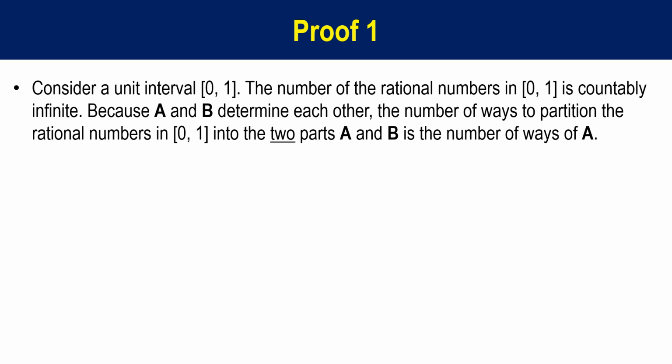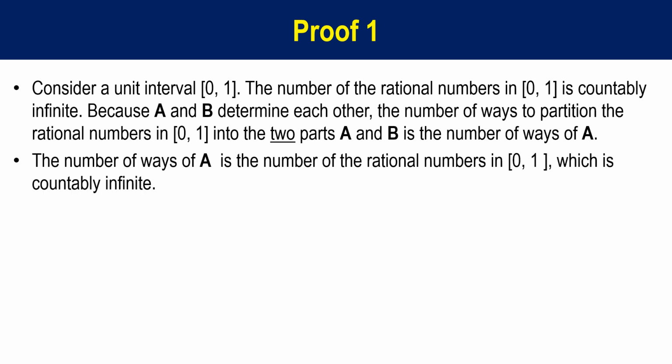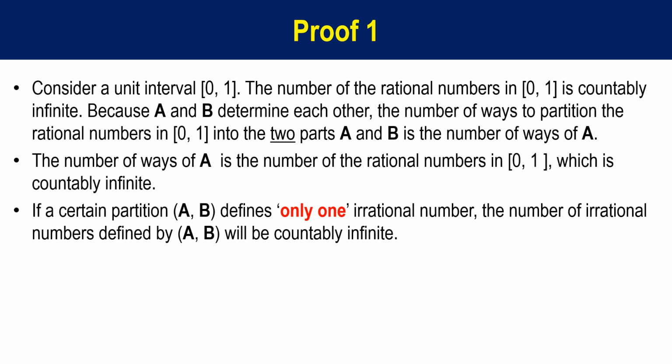Because A and B determine each other, the number of ways to partition the rational numbers in 0 and 1 into two parts, A and B, is the number of ways of A. The number of ways of A is the number of the rational numbers in 0 and 1, which is countably infinite.